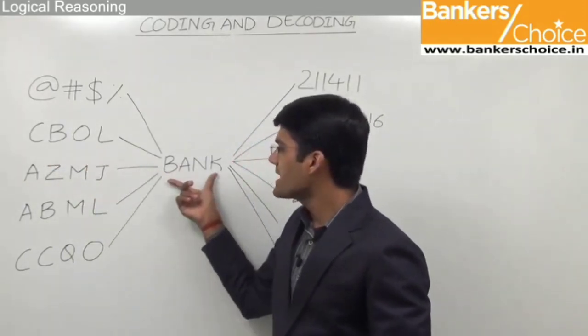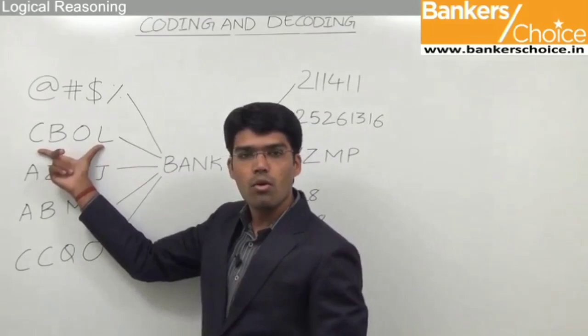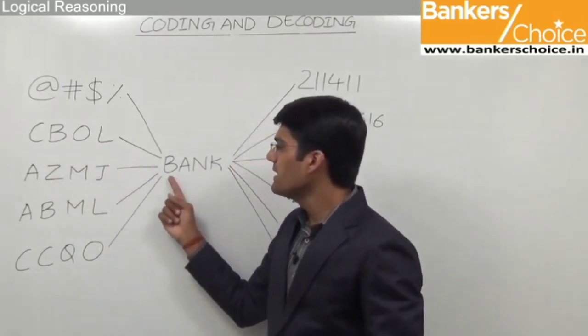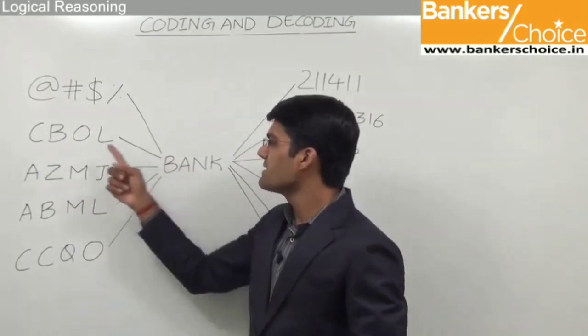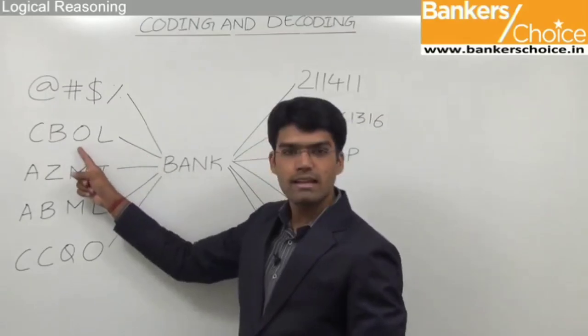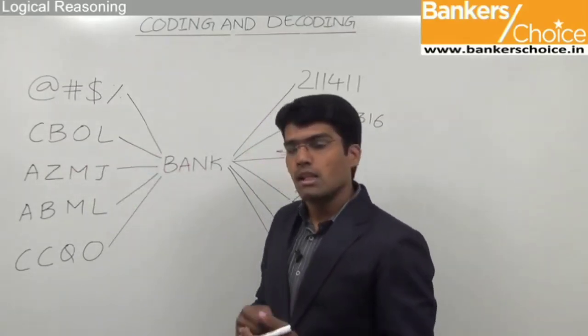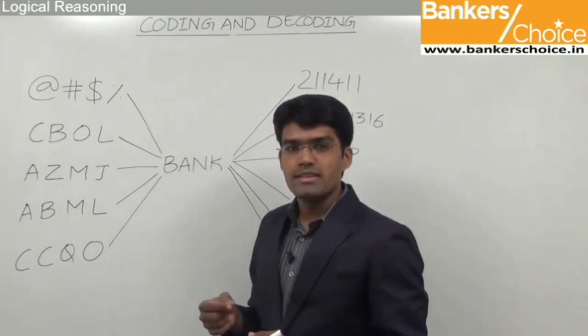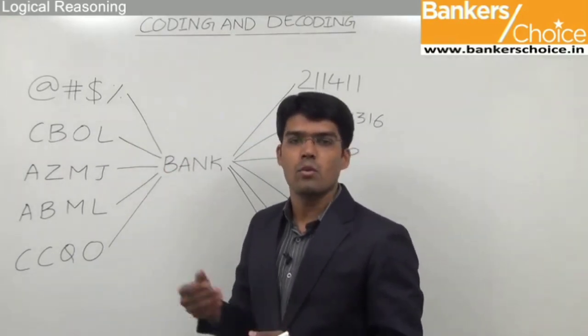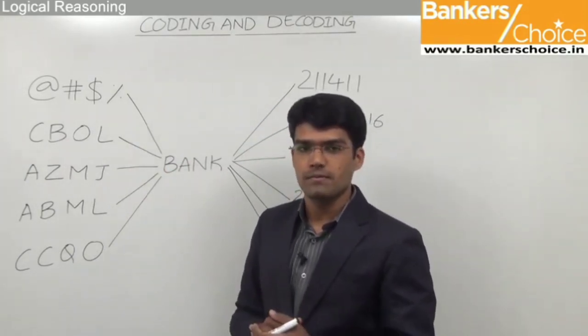The word bank has been taken as CBOL, which means B is taken as C, A is taken as B, N is taken as O, and the letter K is taken as L. The logic behind this kind of coding is shifting of the letters either in the forward direction or in the backward direction.